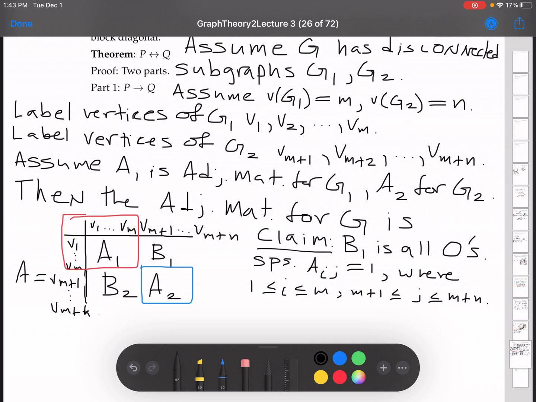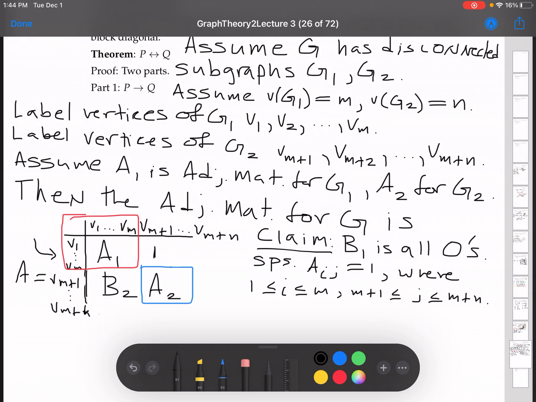So that means that there's a 1 in here. Now i is somewhere between 1 and m, and remember, we do rows and then columns, and then j is somewhere between m plus 1 and m plus n. So that means that there's a 1 somewhere in here. Now, what's the problem with that?